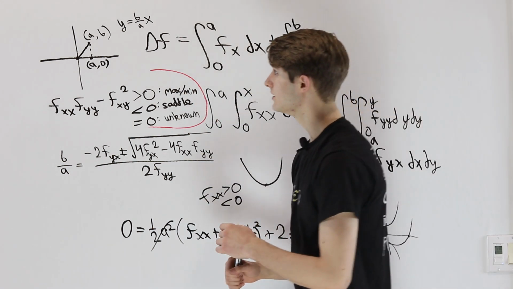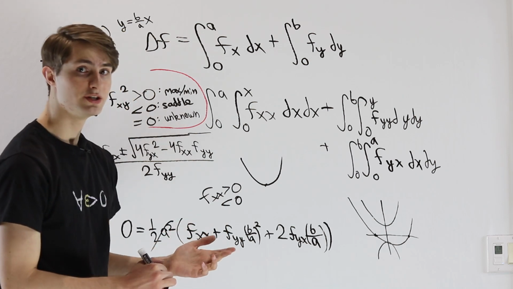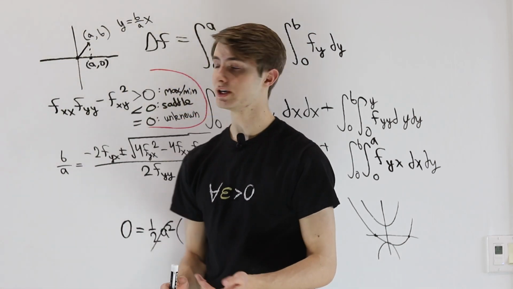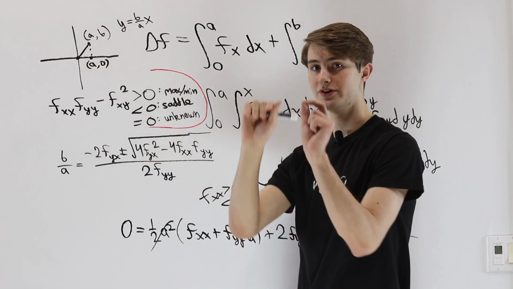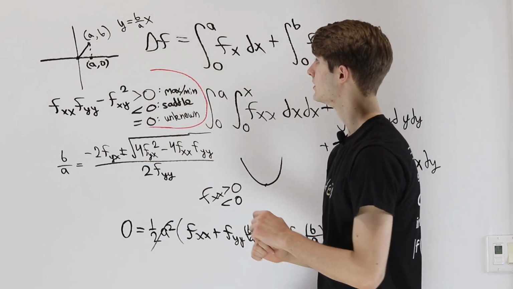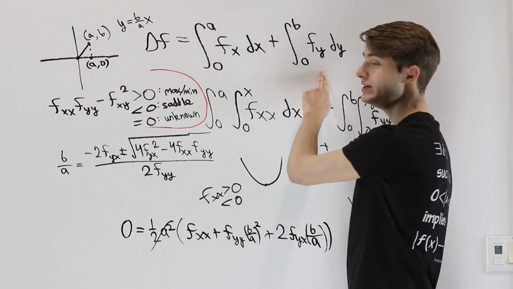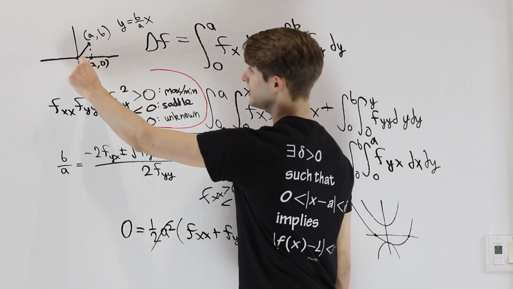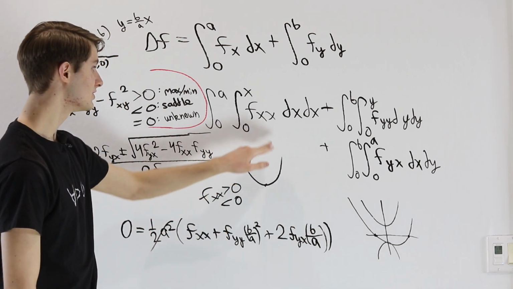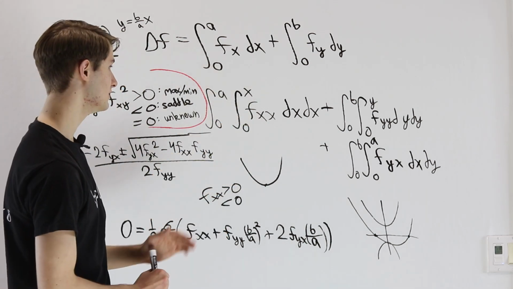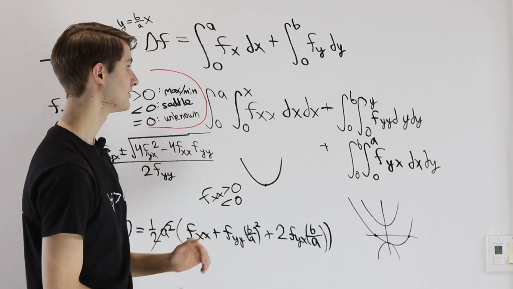The way that we got here was by starting at the origin with a critical point and looking at how we find the change in value of a function for an infinitesimal change. We can look at that in terms of two integrals of the partial derivatives along these two paths, which we can expand in terms of integrals of the second partial derivatives along those two paths.